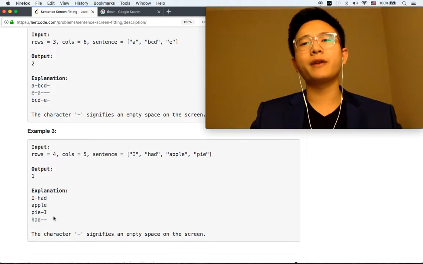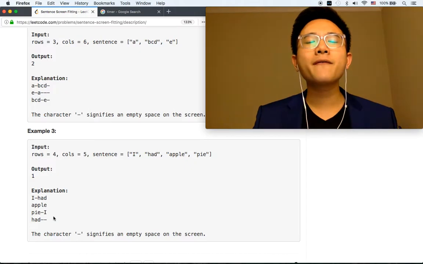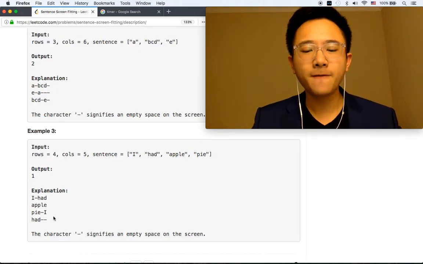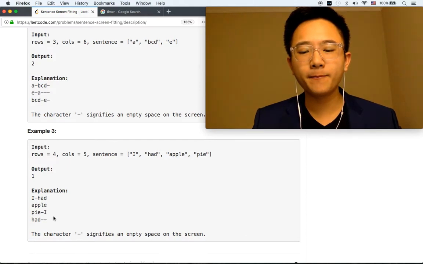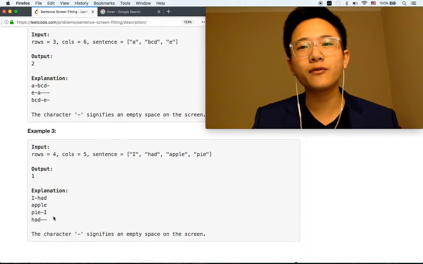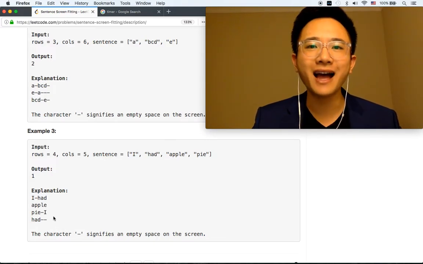So it's pretty straightforward. If you can fit in a word, fine, but if you can't fit in a word, if you have to break a word to fit in a sentence, you have to put this word into the next line.